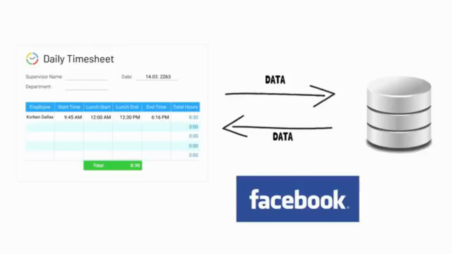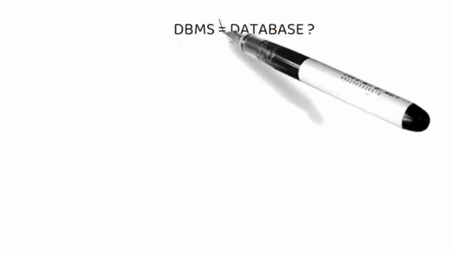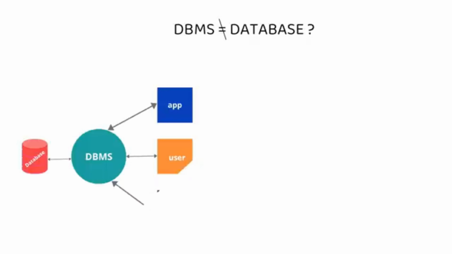So, is database same as DBMS? A lot of people refer to database as DBMS, but that's not entirely correct because database is just a container that stores data, whereas DBMS or database management system is a software which is used to manage your database. You need DBMS to interact with the database to store, modify, retrieve and protect data.